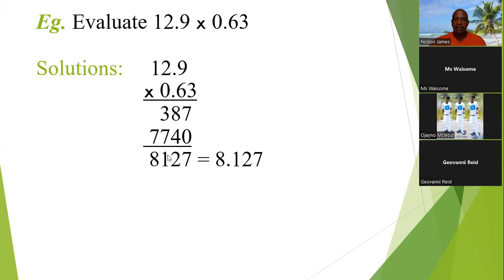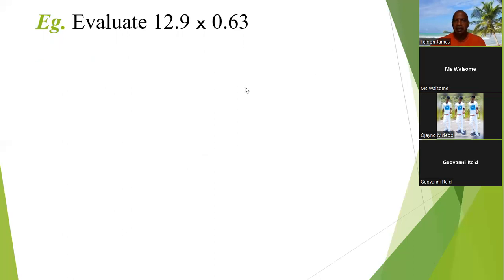So after we multiply the 2 numbers, what we would get for the answer would be this, right? Maybe we should just go through the process of doing the multiplication. So let me just go back up to the slide and remove the solution for a bit. And then now we work with the numbers that we have.